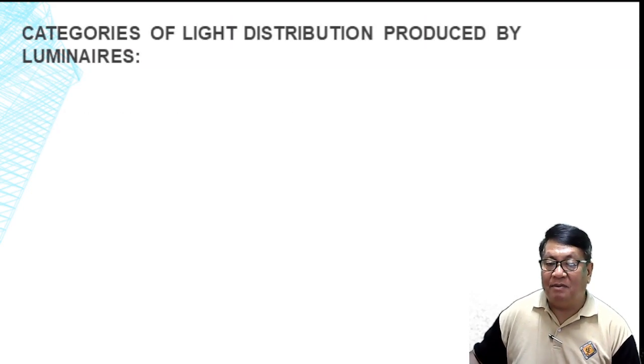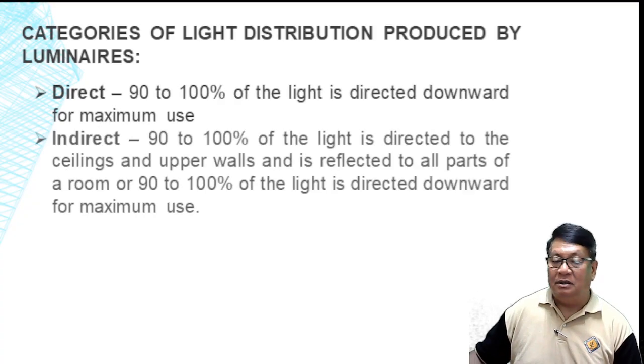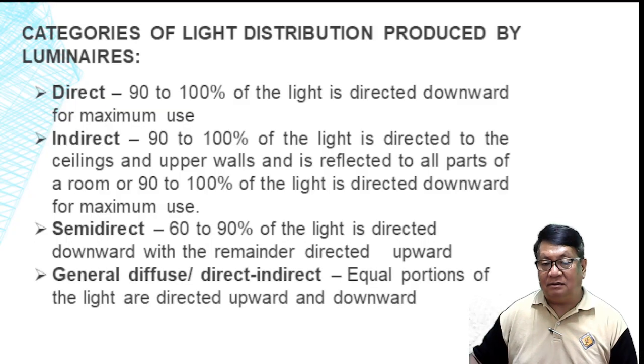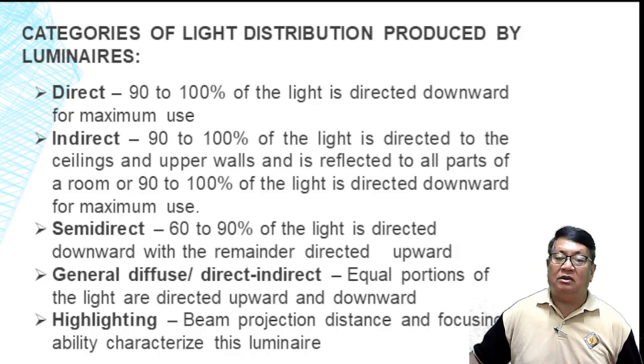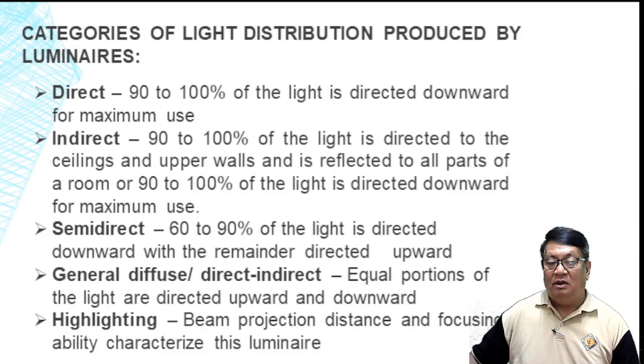So we have some categories of light distribution produced by luminaires. We have direct luminaires, where 90 to 100% of the light is directed downward for maximum use. We have, of course, indirect, where 90 to 100% of light is directed to the ceiling and upper walls.